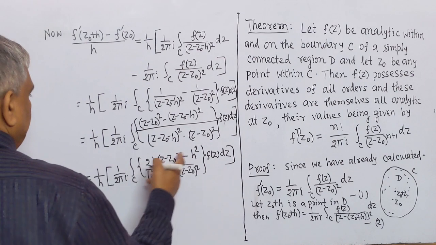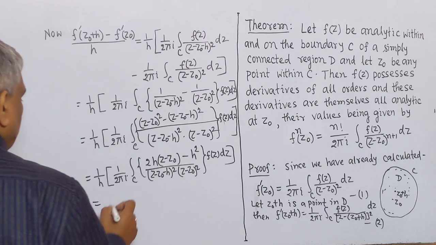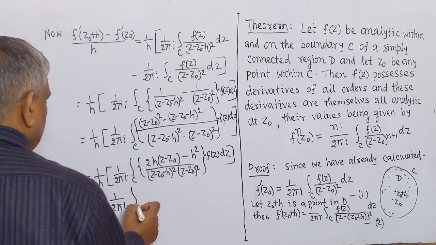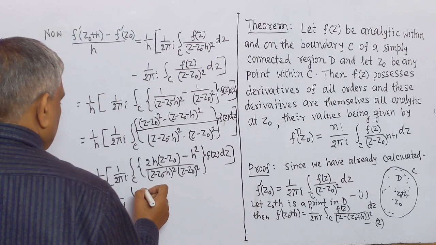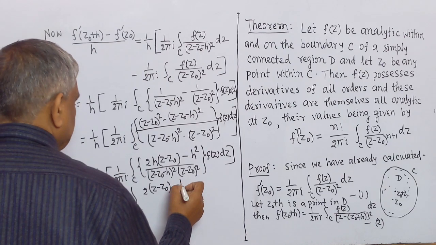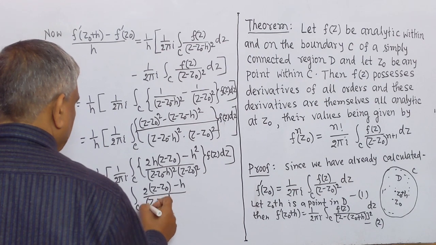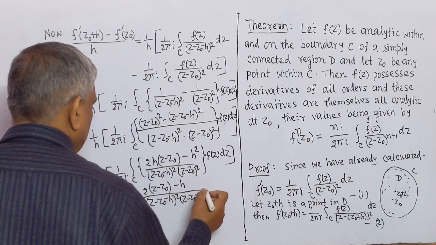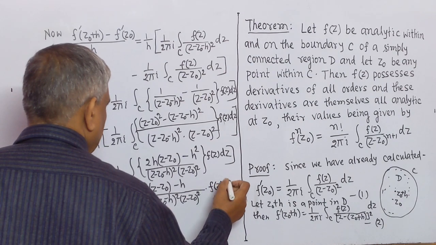Here we take h common and this h will be cancelled. This will be equal to 1 by 2 pi i, integration along C, of 2(z minus z naught) minus h by (z minus z naught minus h) whole square (z minus z naught) whole square, into f(z) dz.